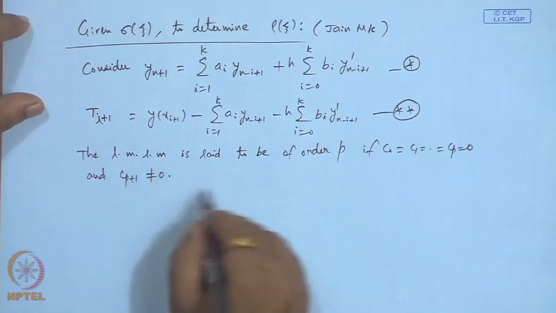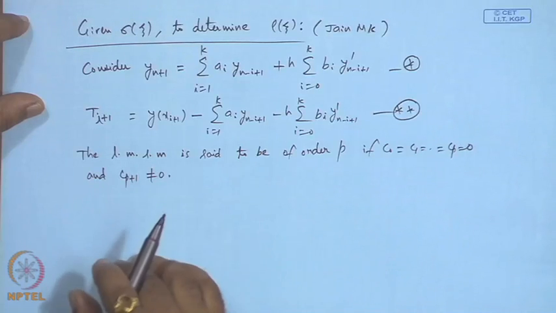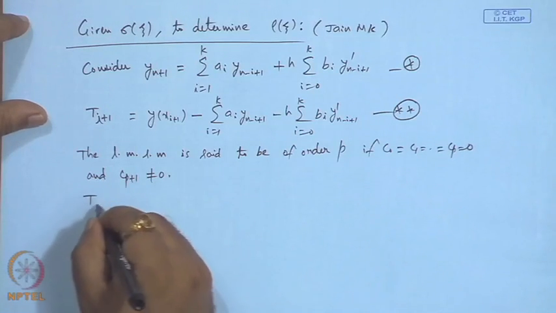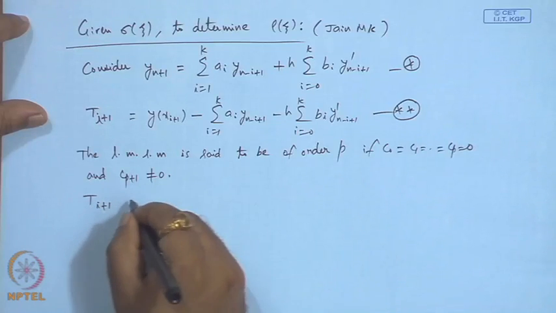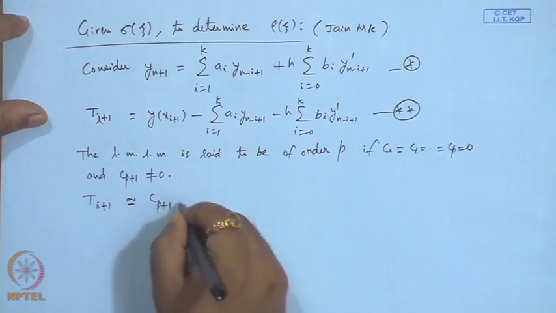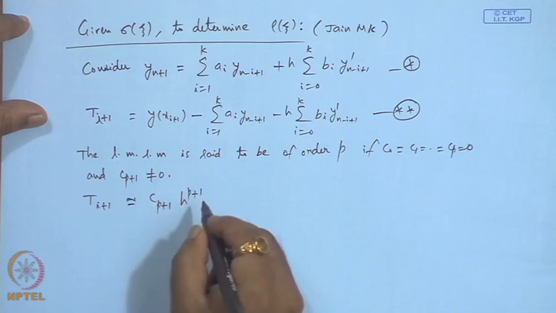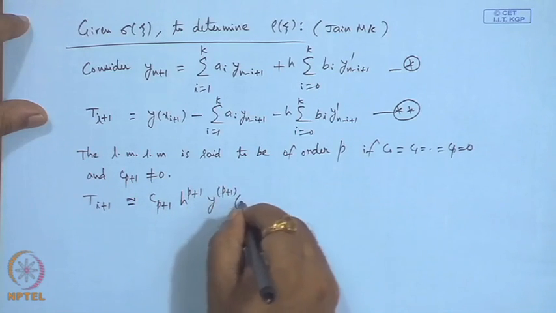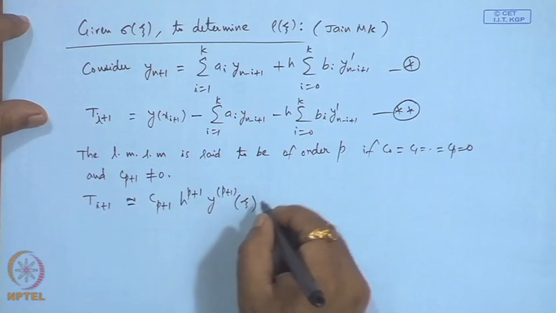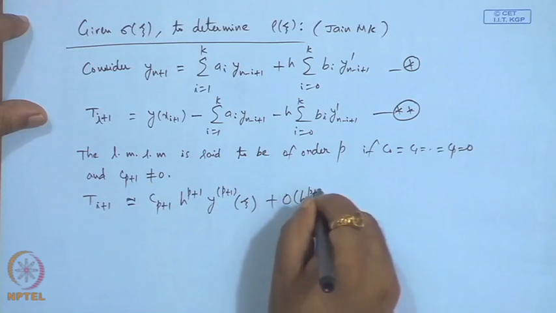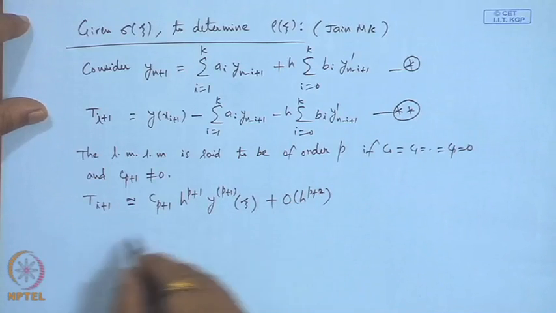So, this gives a pth order method. Okay. So, accordingly T I plus 1 reduces to this, okay, right.